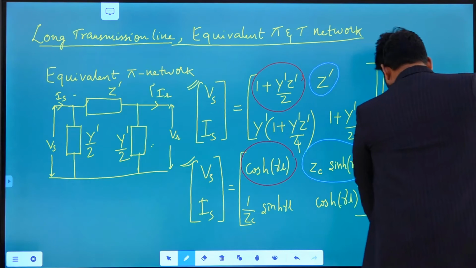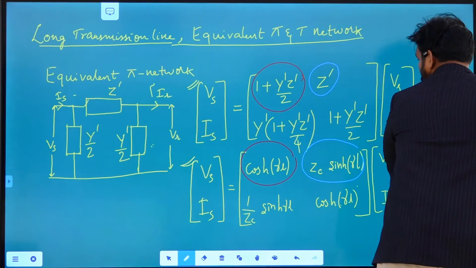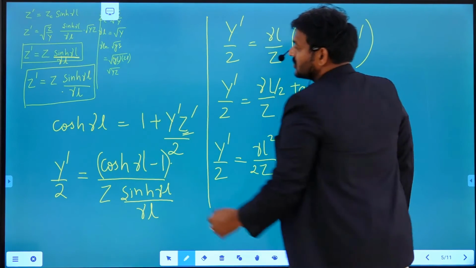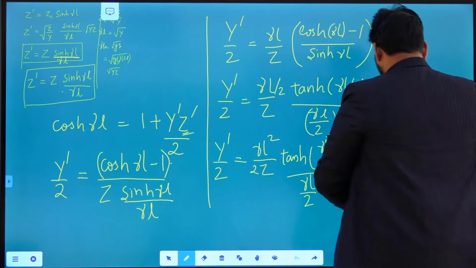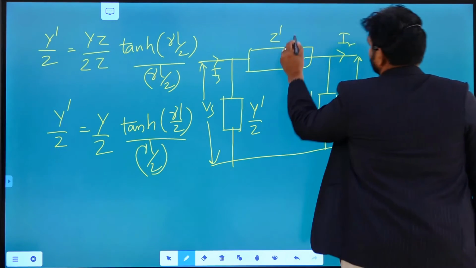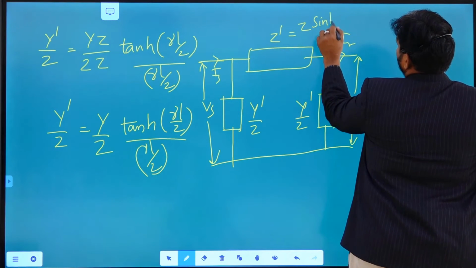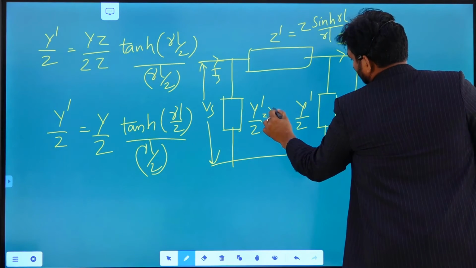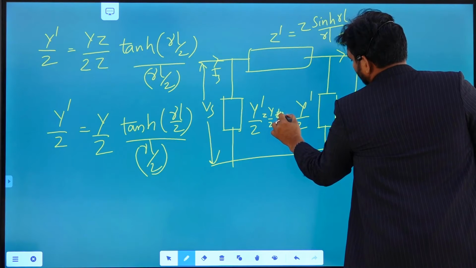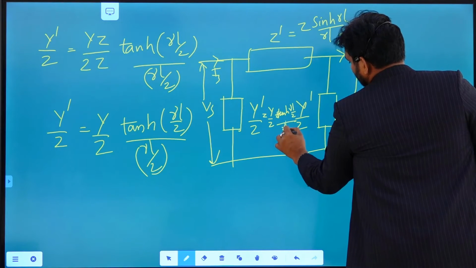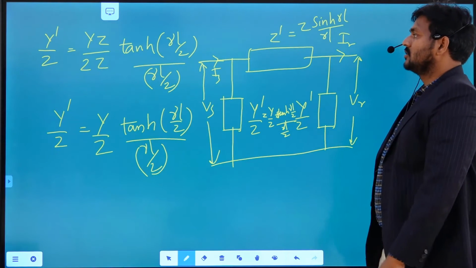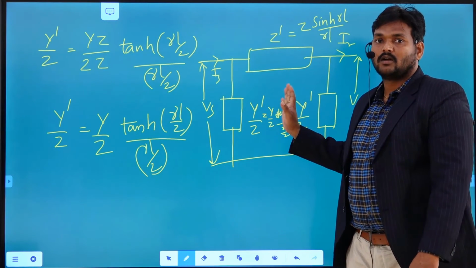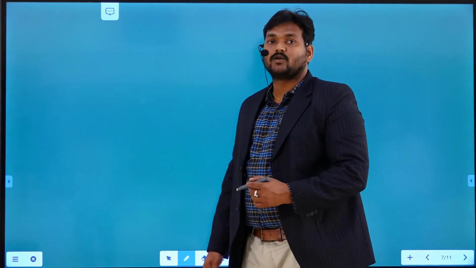Z dash we got as equal to Z into sinh gamma L by gamma L. So Z dash is equal to Z into sinh of gamma L upon gamma L, and Y dash by 2 is equal to Y by 2 into tanh of gamma L by 2 upon gamma L by 2. Clear? So this is how we represent the equivalent pi network in terms of the long transmission line parameters. So this is the equivalent T network.